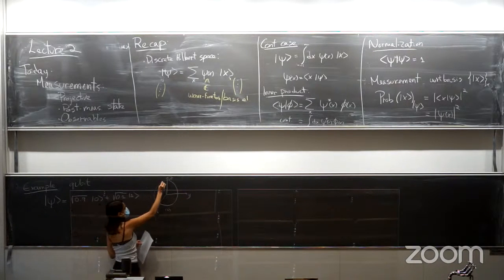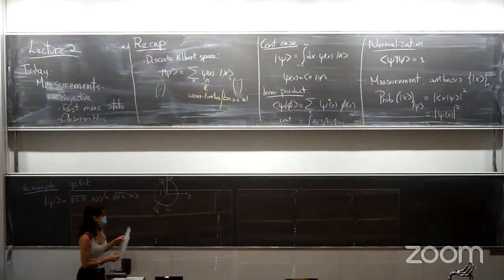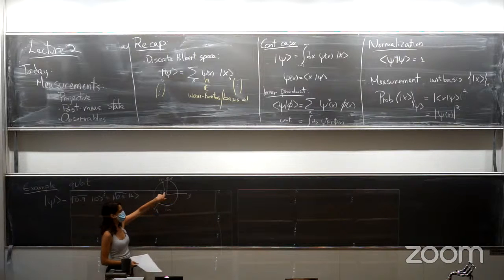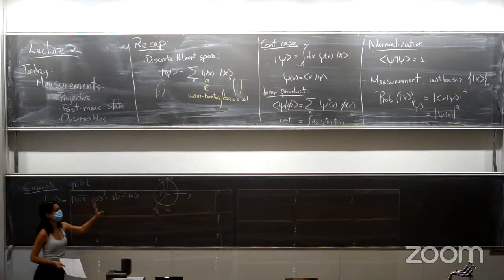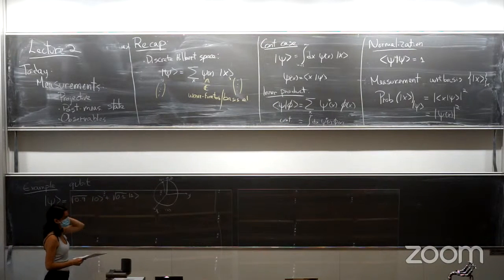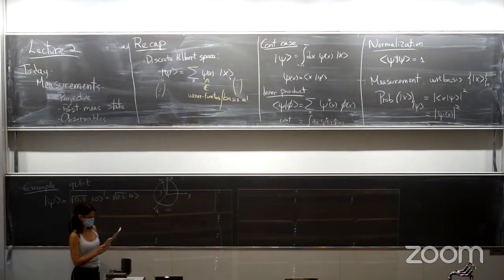So here's my state. It's almost 0, but it has a little component there. For the record, going in the y direction is when you start adding complex numbers. So it looks like this.